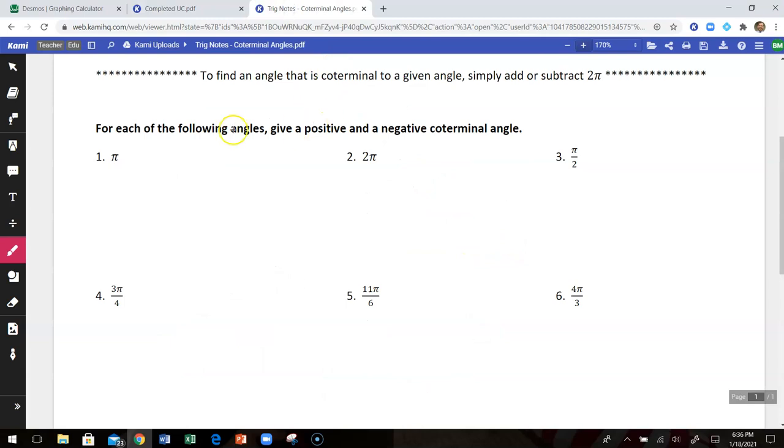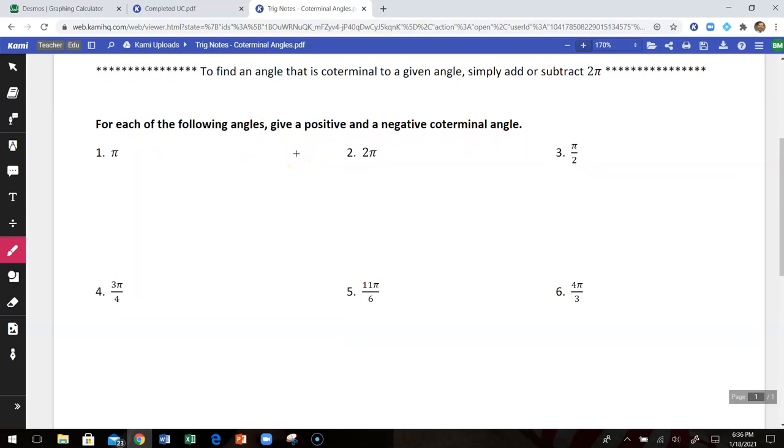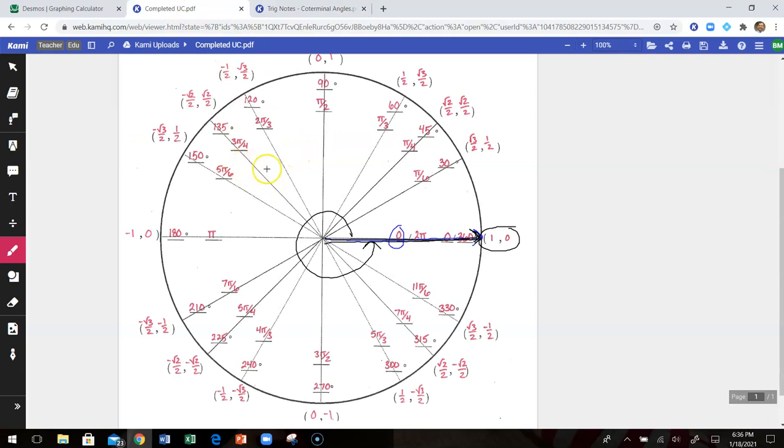What we're going to do is give a positive and a negative coterminal angle to each of these angles. The way we're going to do that, if I want to get a coterminal angle, I simply have to add a full rotation. If I add a full rotation of the circle, I'm going to end up in the same exact location. So if that's degrees, I add 360 degrees, and that's going to get me to the same location.